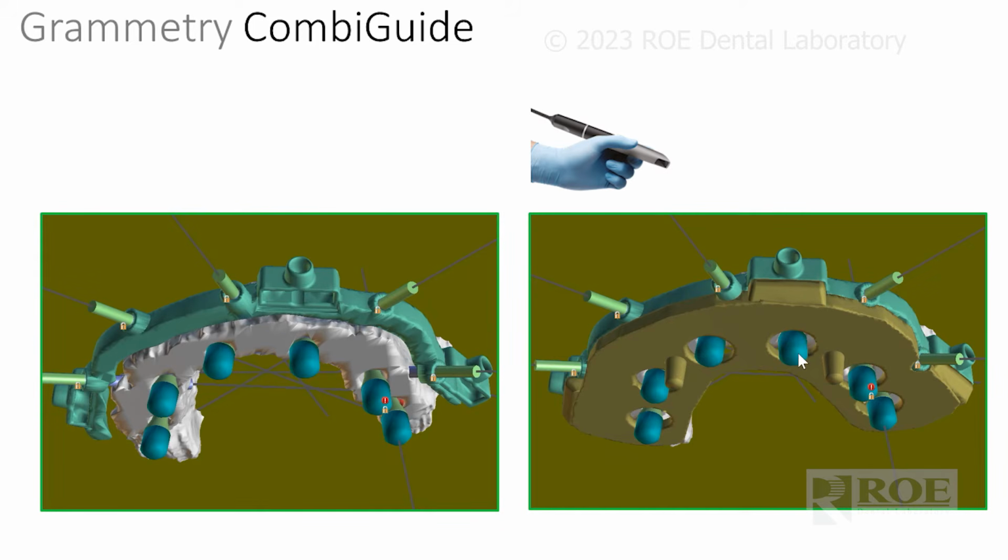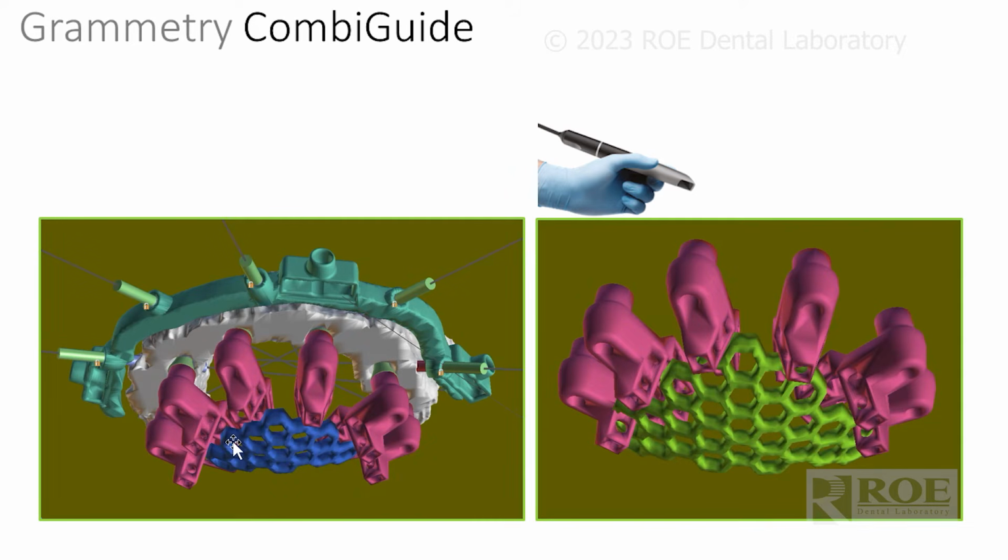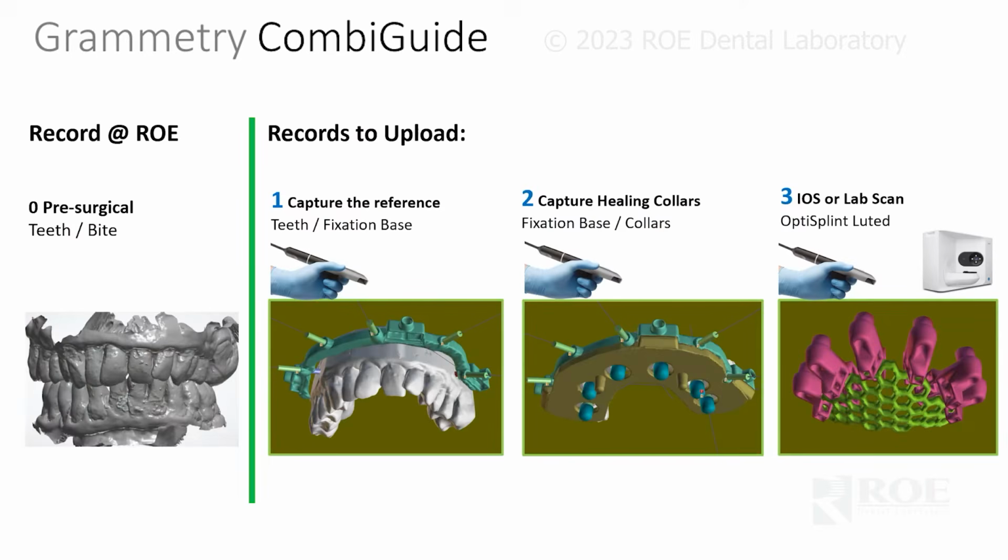This gives us the implant position relative to the opti-splint. The fixation base gives us the breadcrumb for the bite. And then we move on from there. The opti-splint is then luted to all the implants and removed. Take this back on the bench and scan it now or scan it after surgery. And then you upload your files.